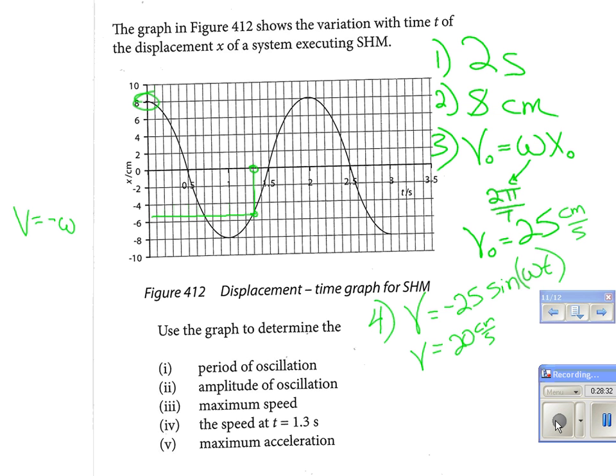Negative omega square root x naught squared minus x squared, something like that? Right. Okay. So you could do that using now negative 5 for x and 8 for x naught, and that should give you about the same answer. And it is plus or minus, thank you. And that's just because the velocity changes direction.